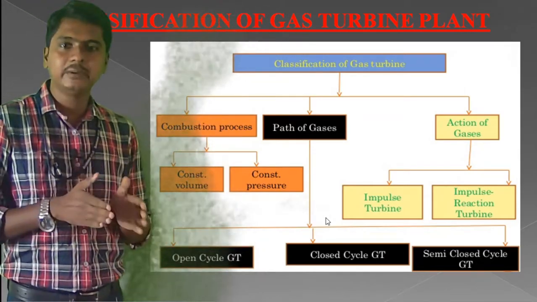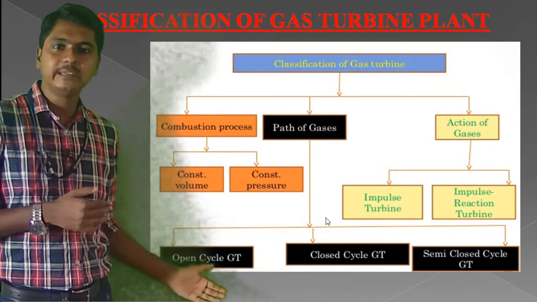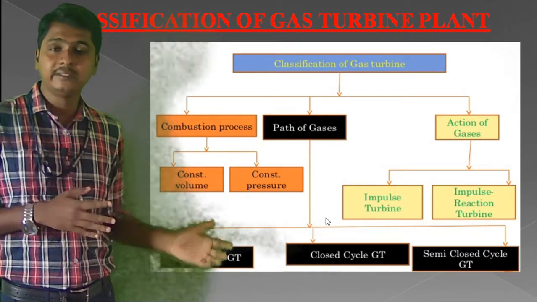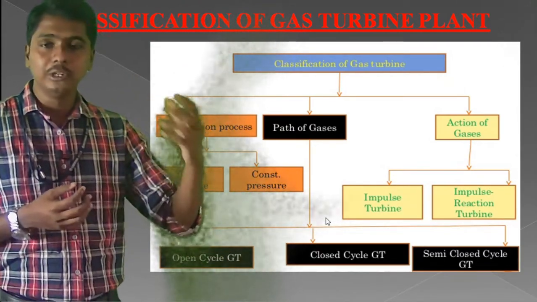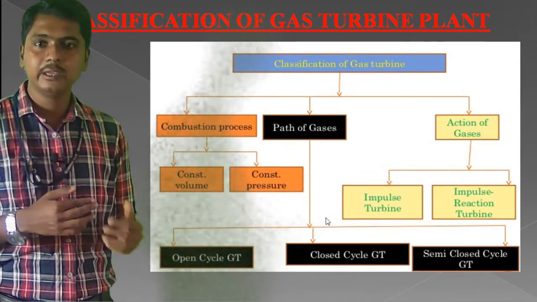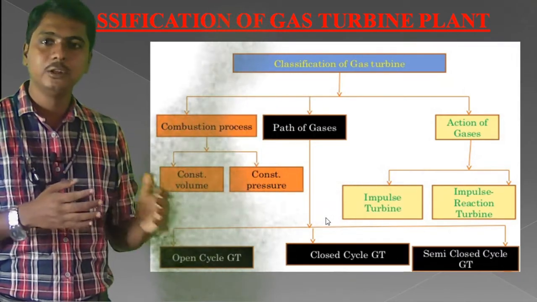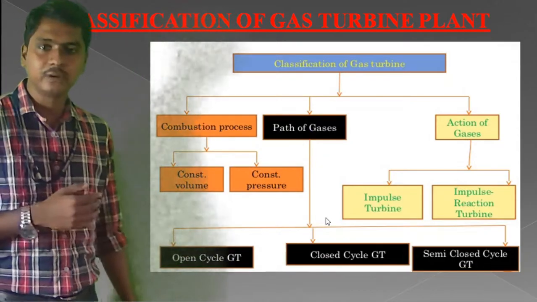In the next classes, we are going to discuss briefly open cycle gas turbine and closed cycle gas turbine: what the working principle is, how we get the mechanical work output, what the different auxiliaries are, and what the striking equation to get the efficiencies is. All those things we are going to derive and discuss in the next class.